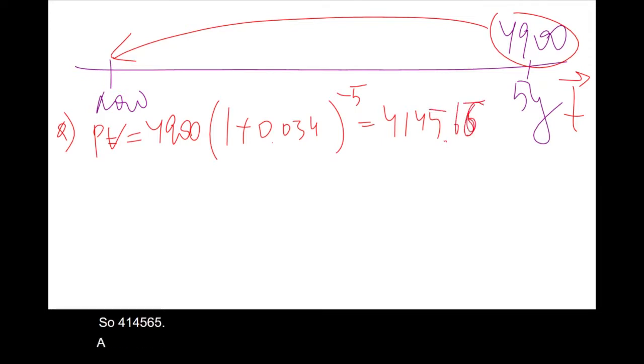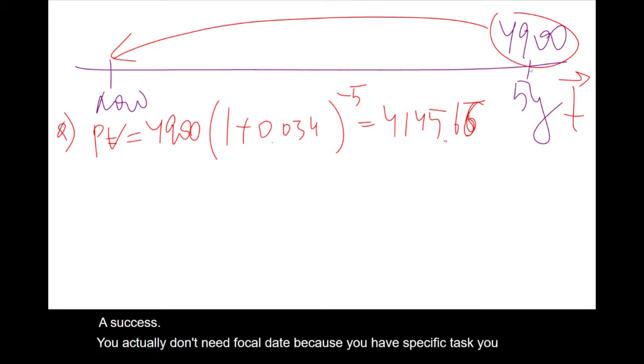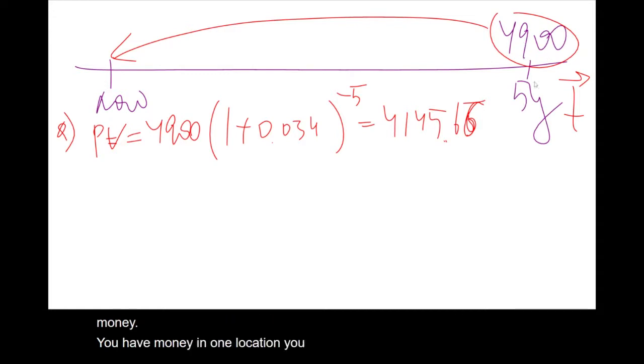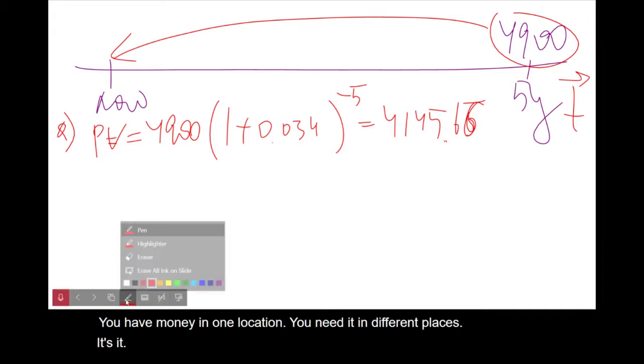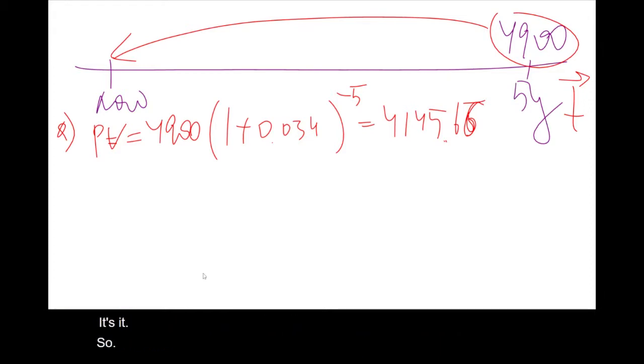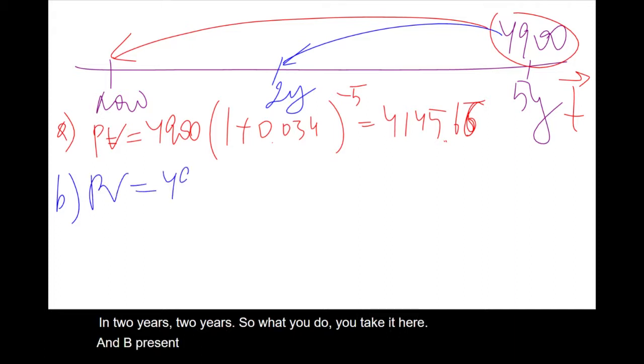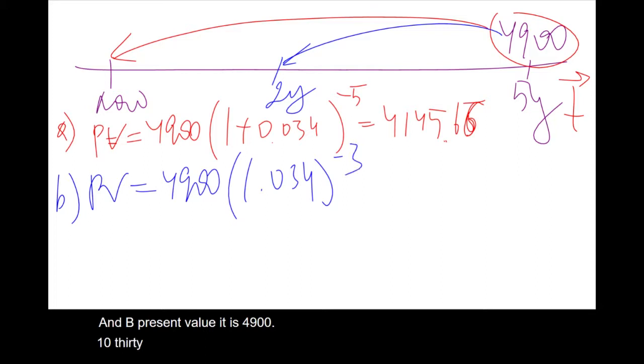4145.65. You actually don't need a focal date because you have a specific task. You need money. You have money in one location, you need it in a different location. That's it. So in 2 years, what you do, you take it here, and B, present value, it is 4900, 1.034 minus 3.